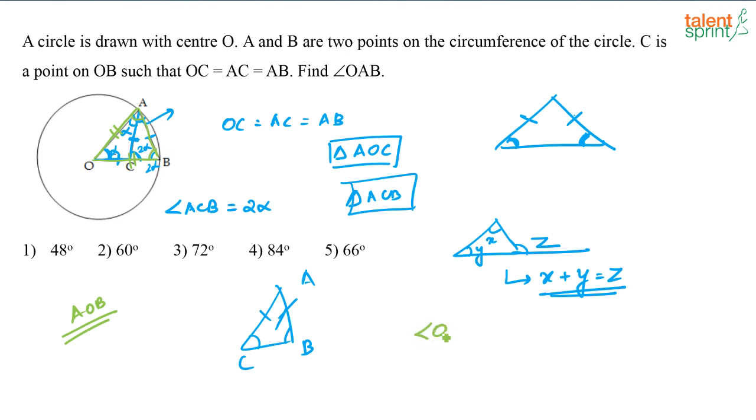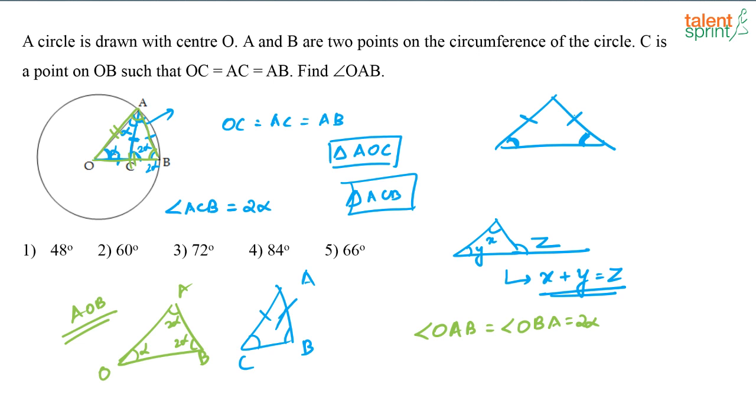That is, angle OAB is equal to angle OBA. I already know angle OBA is equal to 2 alpha. So if this is 2 alpha, this is also 2 alpha. In triangle OAB, this is 2 alpha, this is also 2 alpha, this is alpha, right? That is what we need to find out.